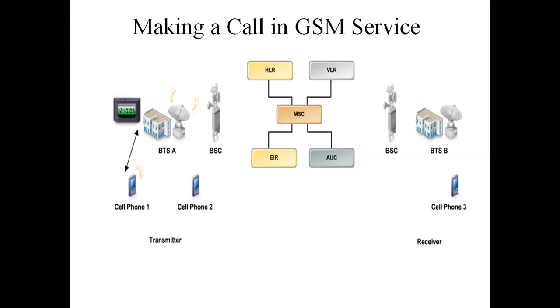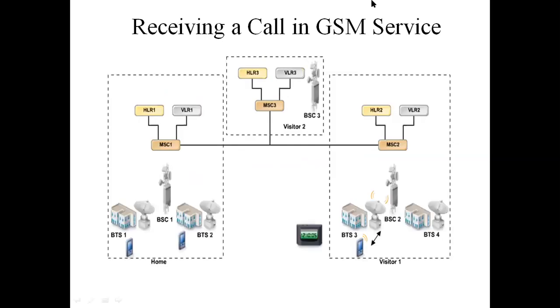Now, it is time to receive a call. Coming to the next slide, here you can see this is the home location, this is visitor 1 location, and this is visitor 2 location. When a request to deliver a call is made in the network, the mobile switching center of the receiver's home area queries the home location register.